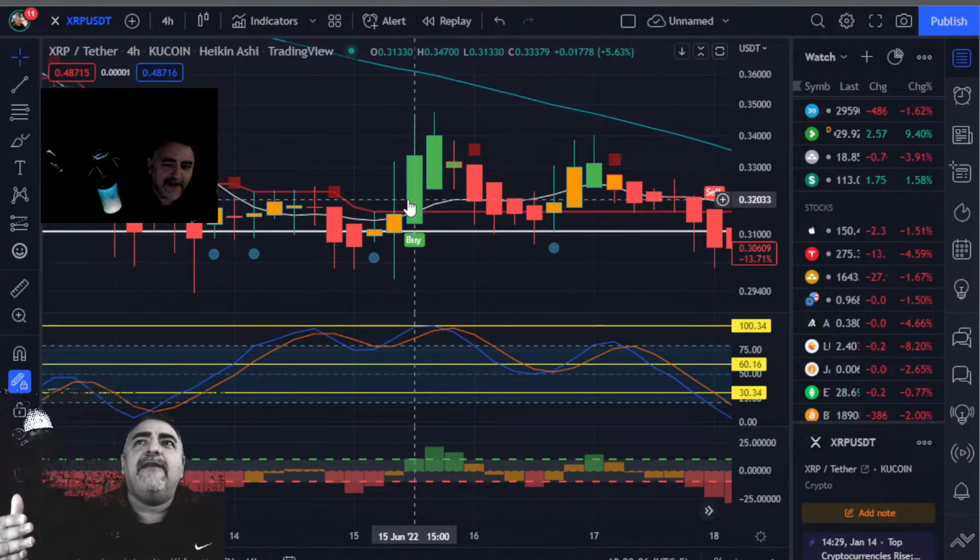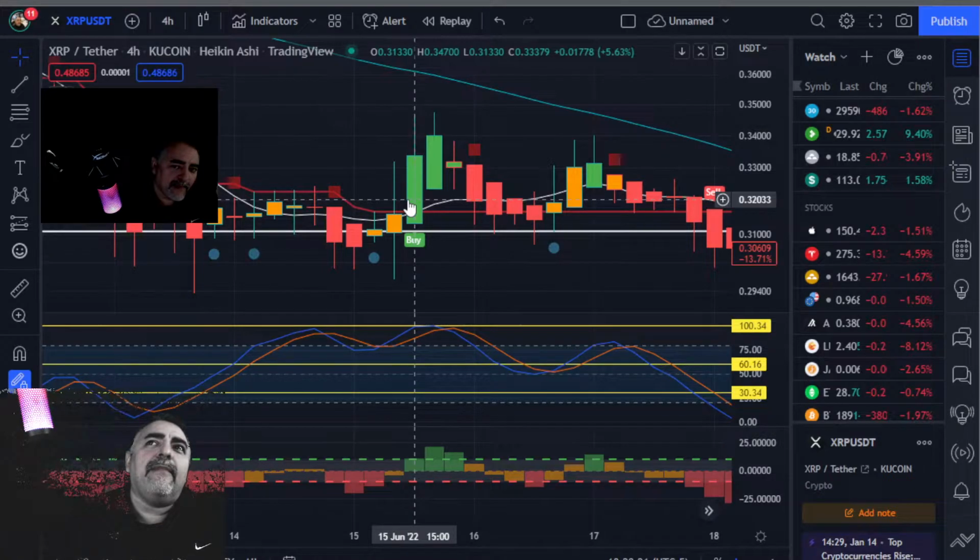So this would have to move a half a penny for 1%, a whole penny for 2%, and that 2% would give me my 12% gains. So I need this to move up to 33 cents, right? So here's your 33 cents, which is right here, and that's my profit right there, right? So I would take profit at that level right there.